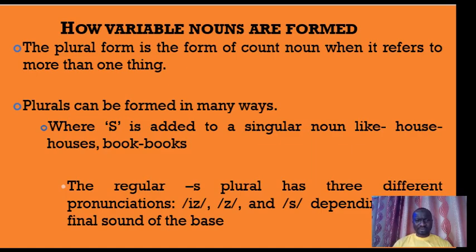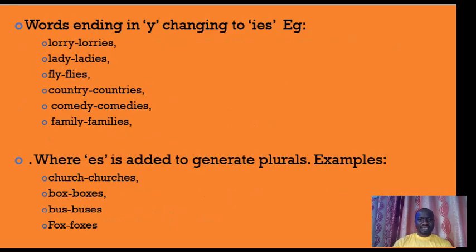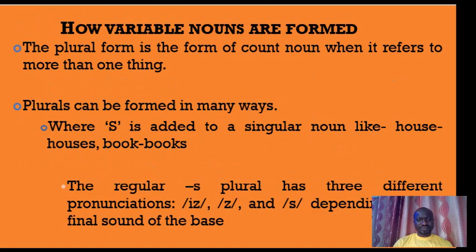One, where s is added to a singular noun, like house, we have houses, book, we have books. The regular s plural has three different pronunciations.